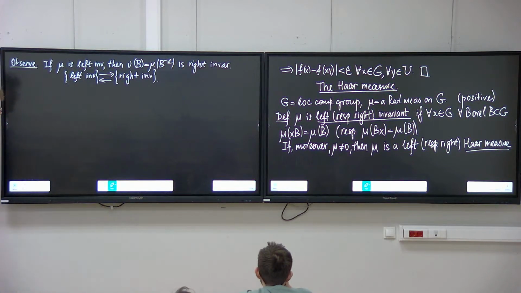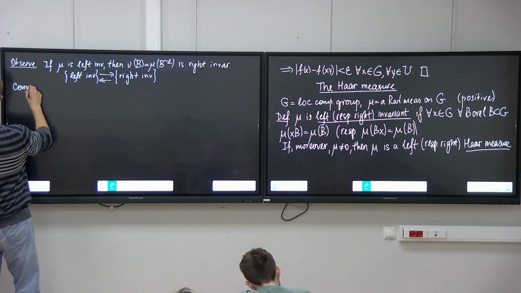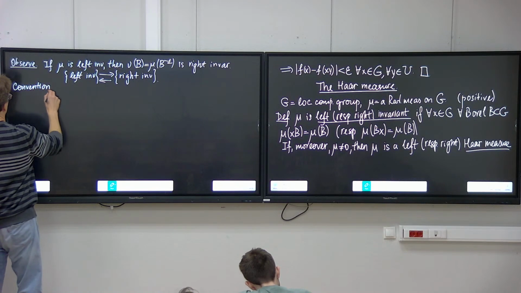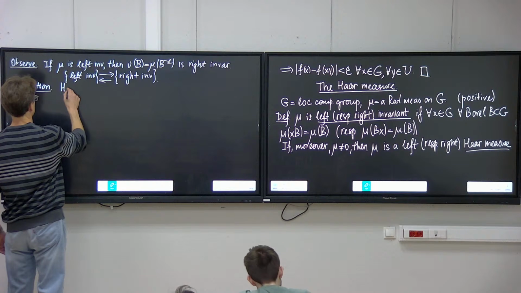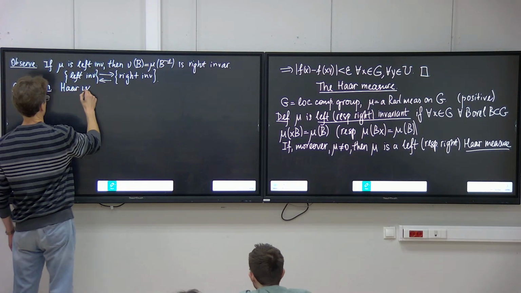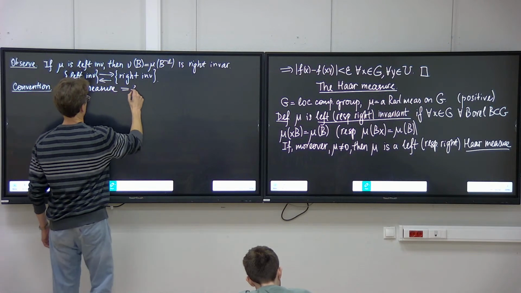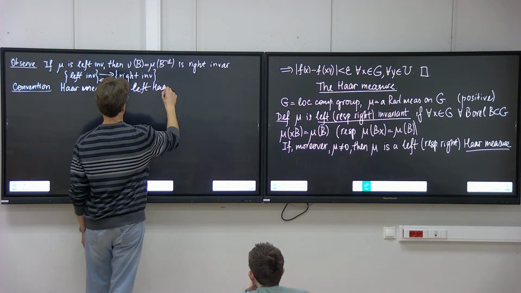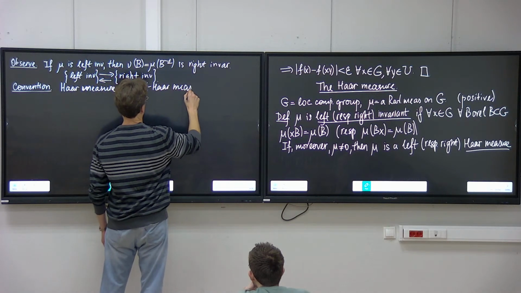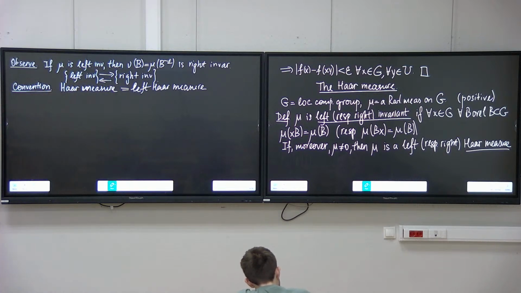Because of this, we will adopt the following standard convention. When we say just a Haar measure, we always mean a left Haar measure. Let's look at some examples.